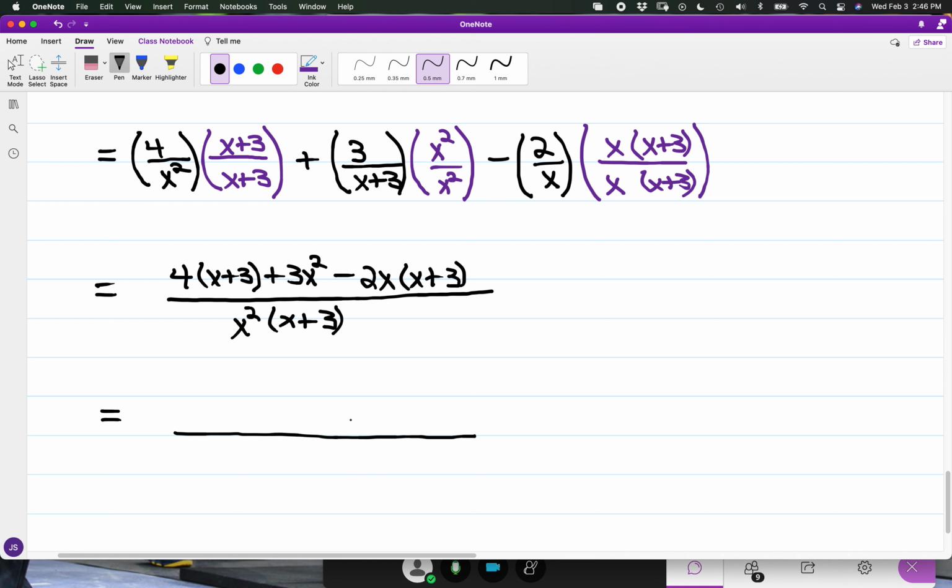So the 4 times x plus 3 will form 4x plus 12. And we have plus 3x squared, and we have minus 2x squared. And negative 2x times 3 is going to be a minus 6x.